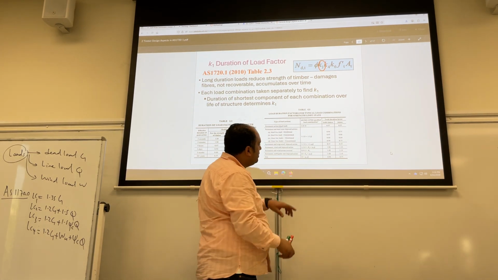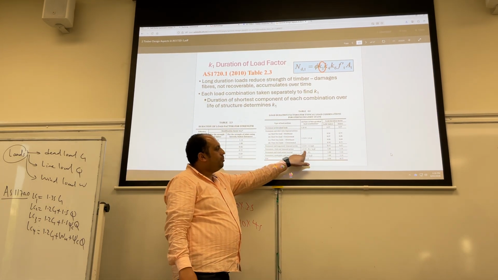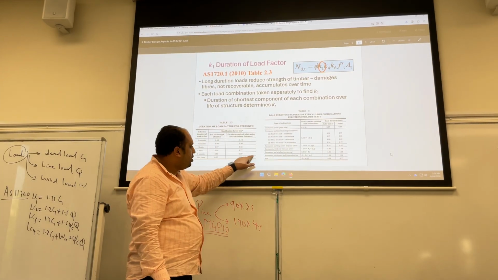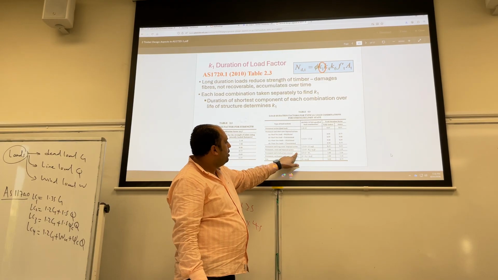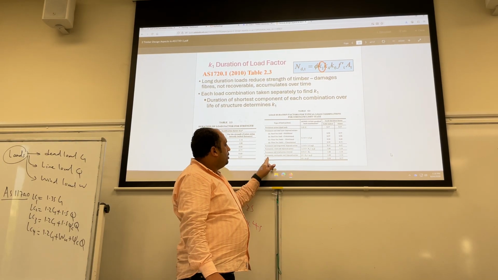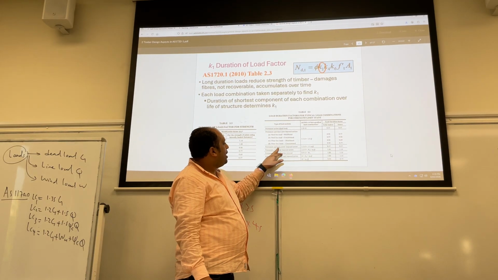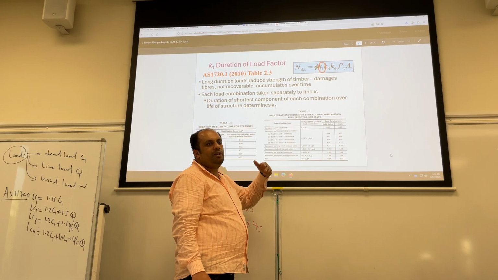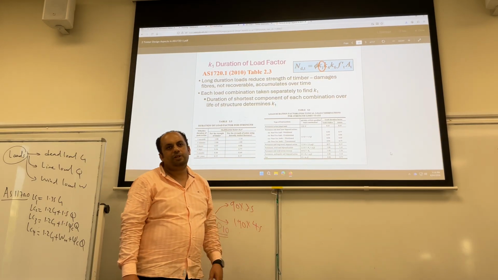If we have wind, as we mentioned here, wind is very short duration load, right? So if you have wind in your load combination, how much is the factor? 1. If we have permanent and long-term live load, if the live load is long-term, this means it is considered as what? 50 years, like dead load.